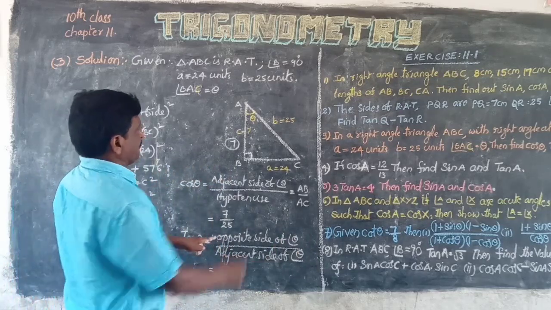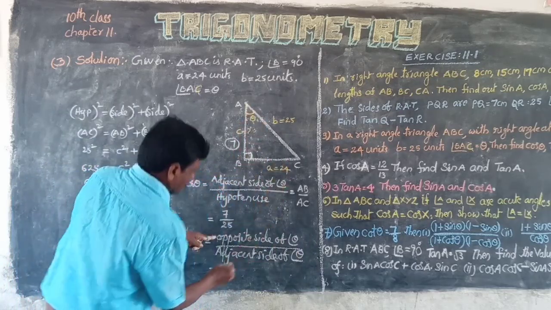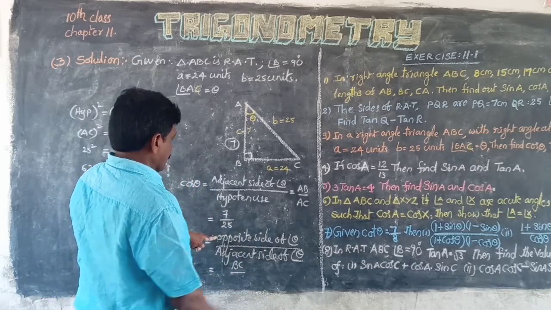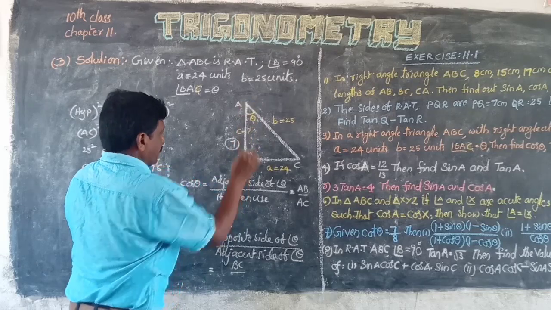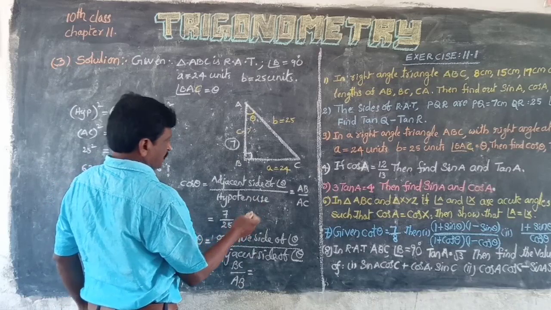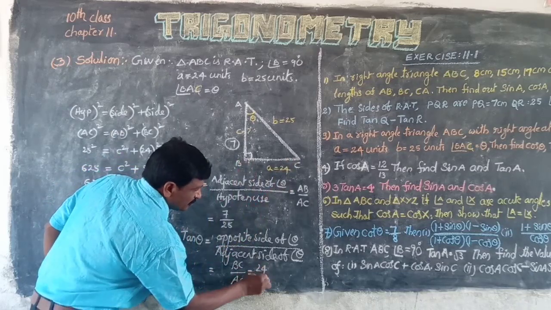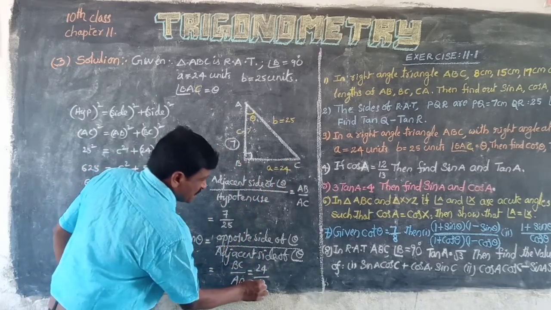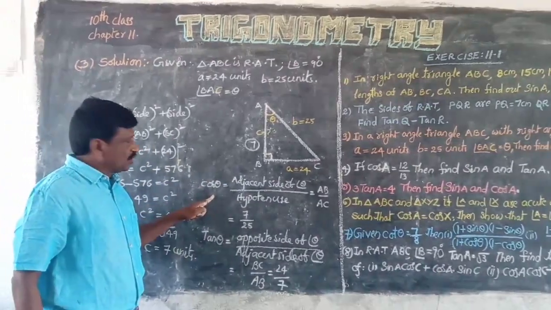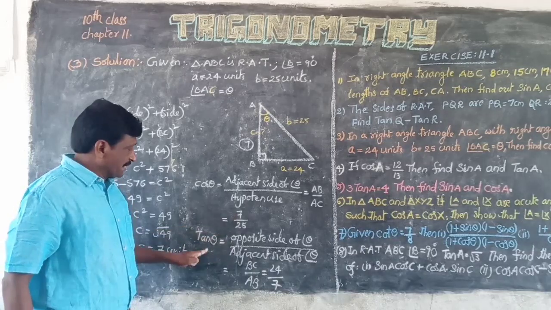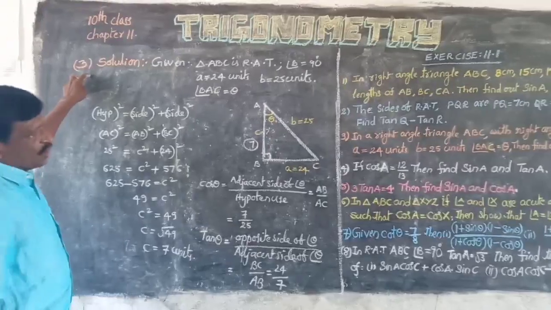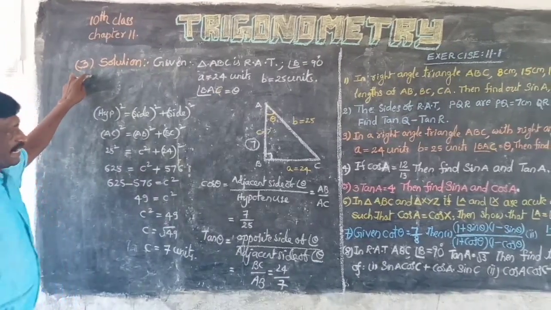So the opposite side is BC by adjacent side AB. BC is equal to 24, AB is equal to 7. Cos theta is equal to 7 by 25, tan theta is equal to 24 by 7. This is the third sum. Did you understand?